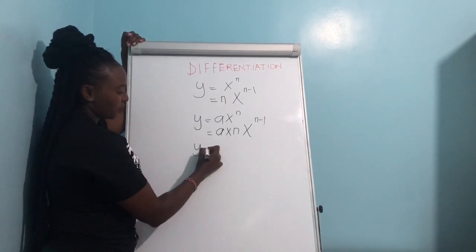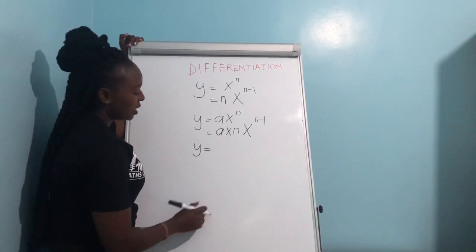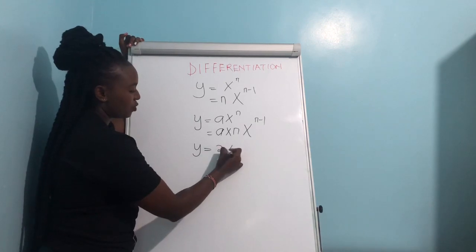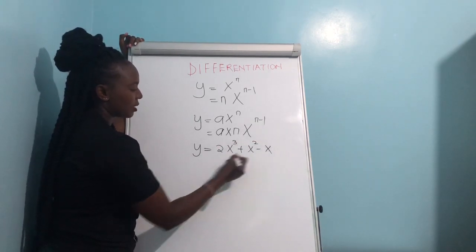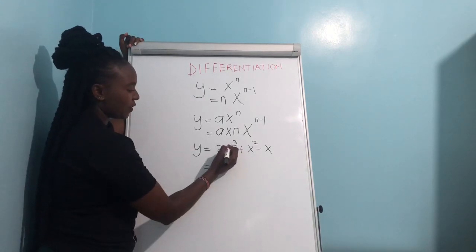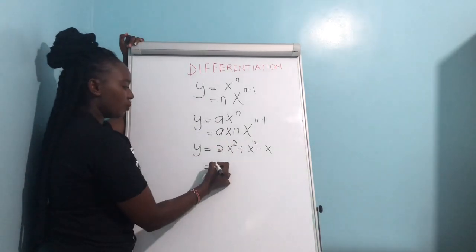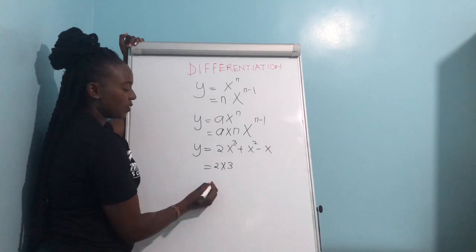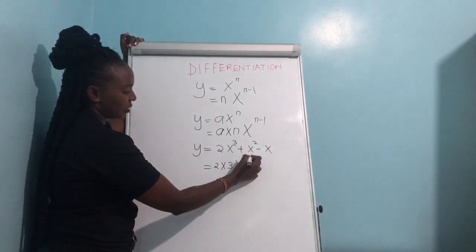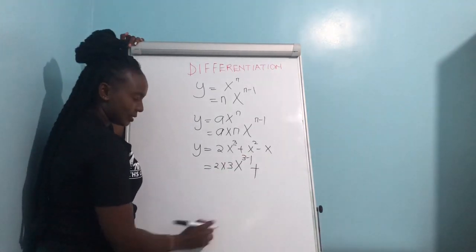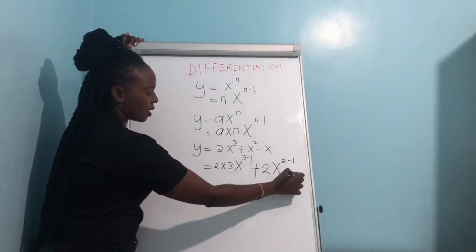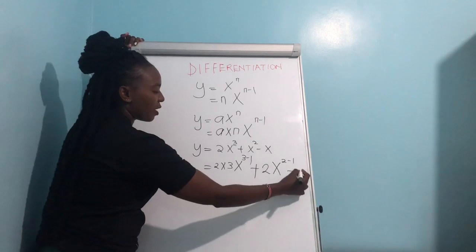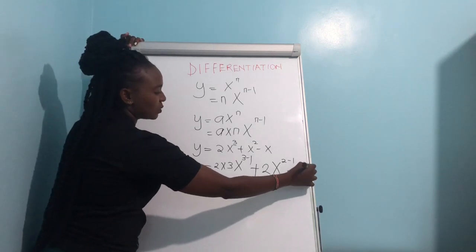And concept 3 for polynomials, maybe let's just use 2x^3 + x^2 - x. In this case you bring 2 times 3 x^(3-1), plus, bring 2 down, x^(2-1), minus, for x it is 1, x^(1-1).